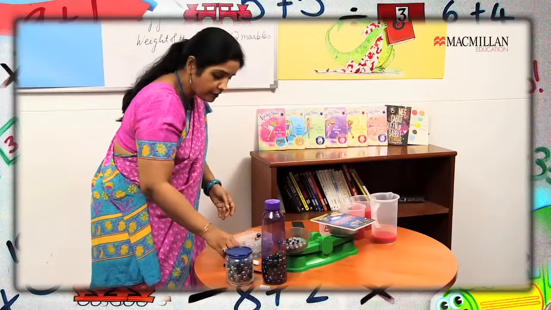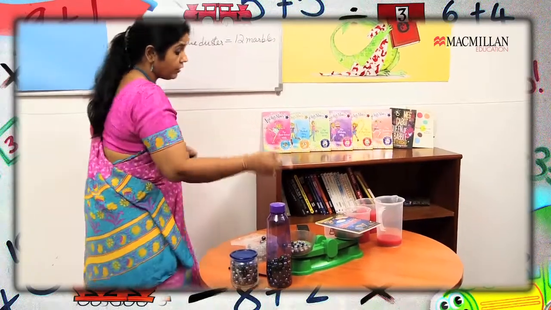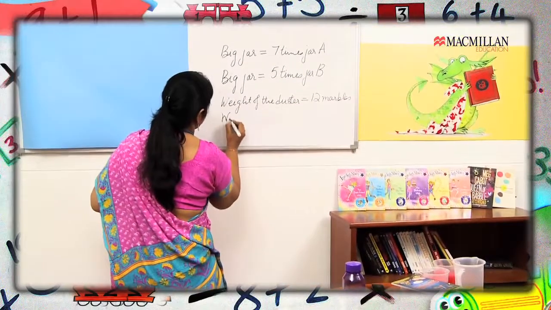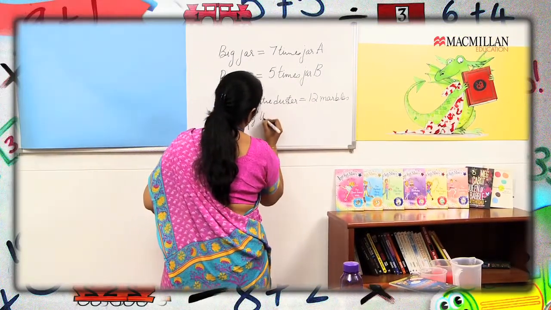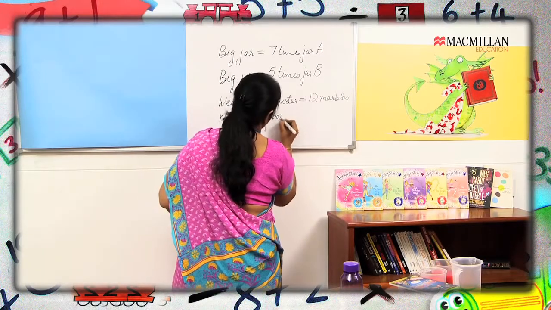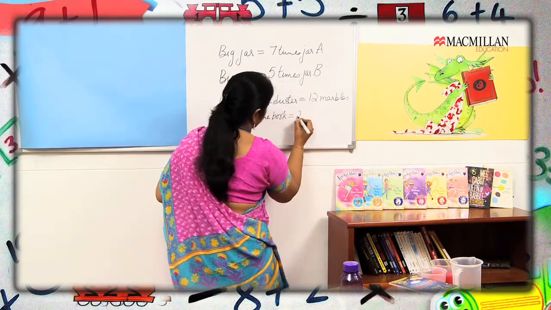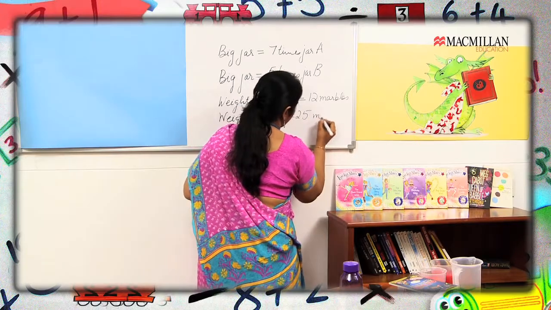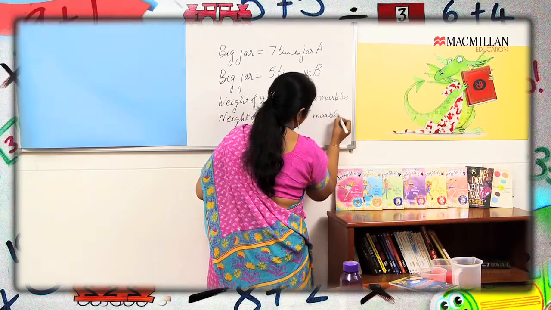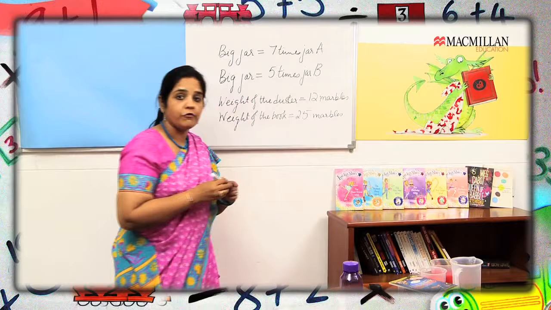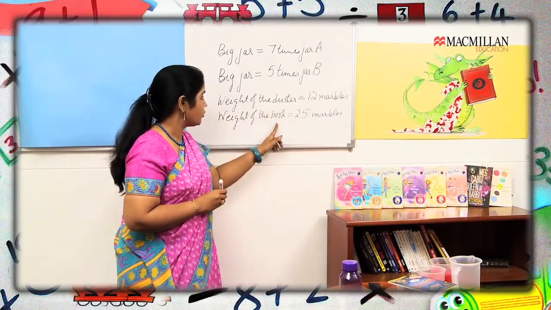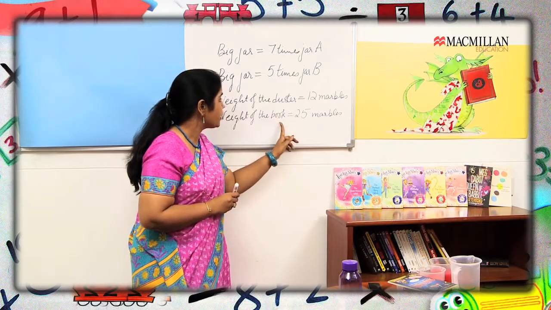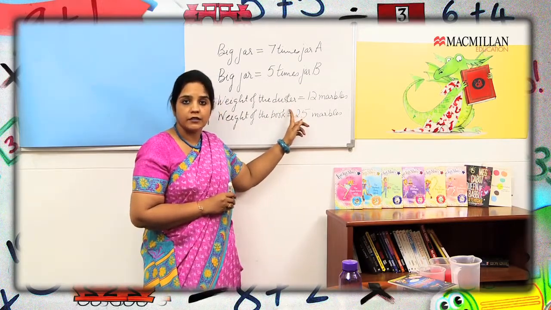Is my needle in the middle? Yes. So the weight of the book is equal to 25 marbles. So what have we done? We used marbles to compare the weight of the duster and the book. So that means the book is heavier than the duster.